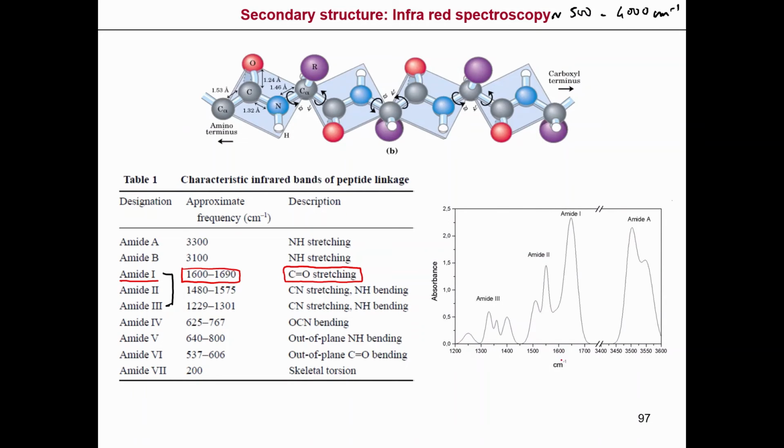Okay, so here you have the infrared spectrum of a protein. You have these different bands, which correspond to, for amide 1, the CO stretching, and for amide 2 the NH stretching, amide 3 the CN stretching. But for us we will focus on this amide 1 band, which corresponds to the CO stretching, and it's around 1600 to 1700.